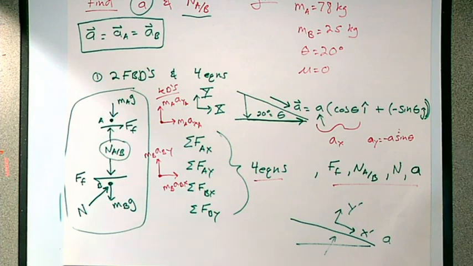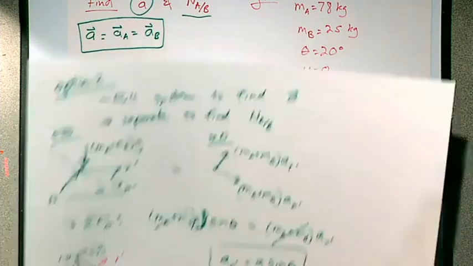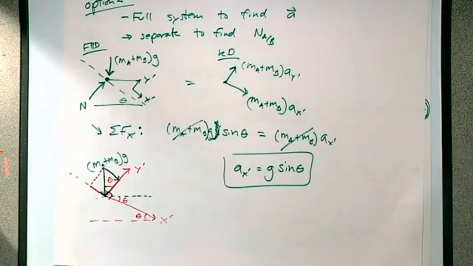All right. So what we want, something we've got, something we kind of have. Don't really know our acceleration for A in the y direction yet. We just know our acceleration in the x prime direction is equal to g sine theta. This is in the y direction, though.